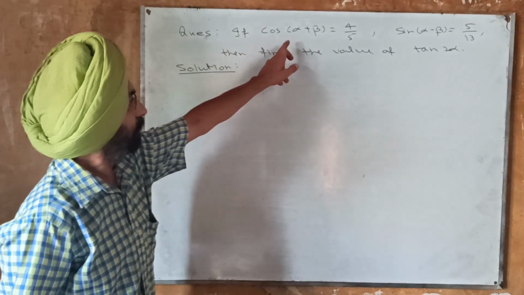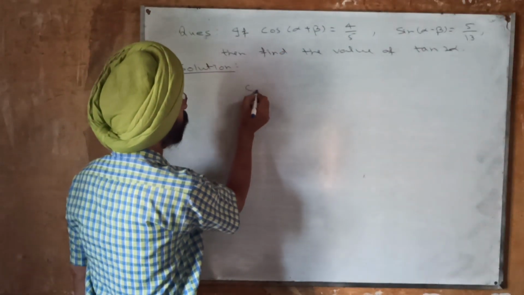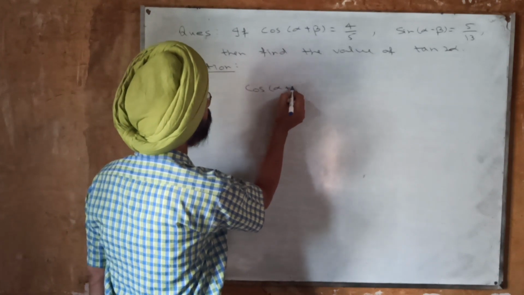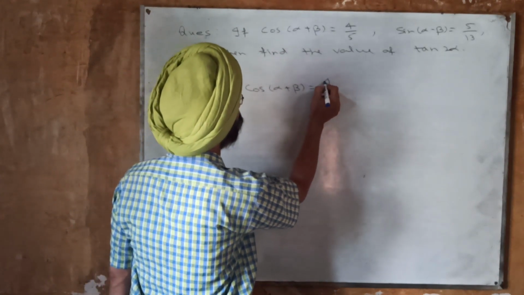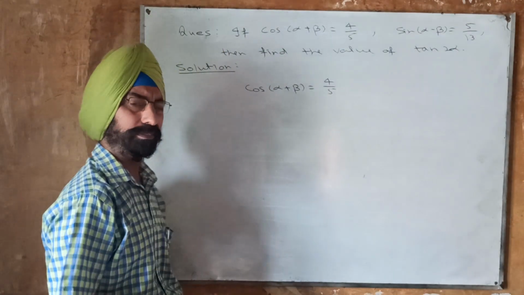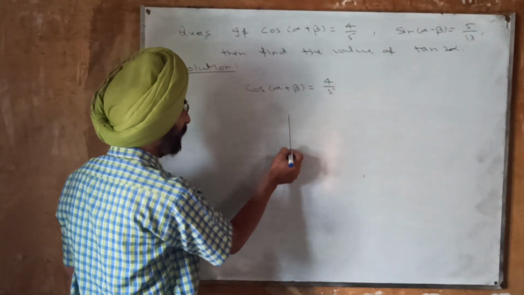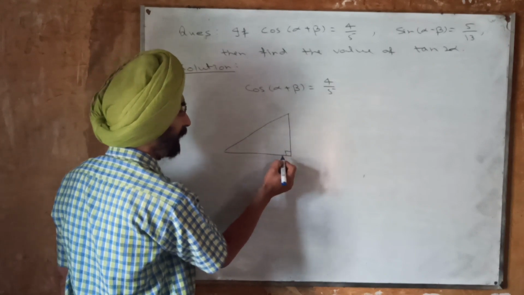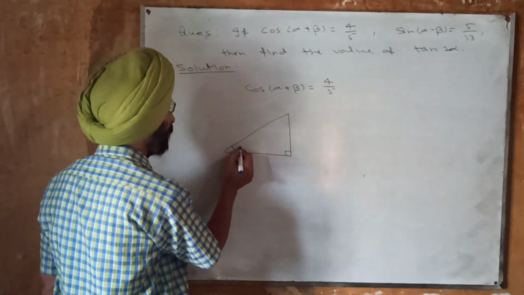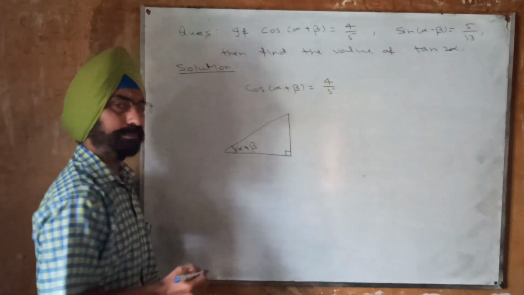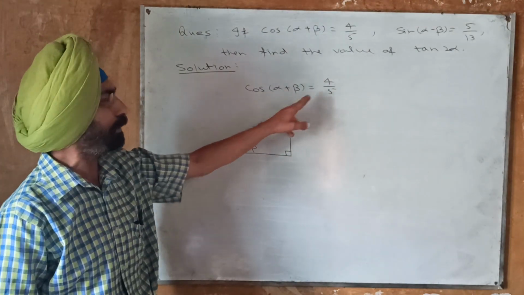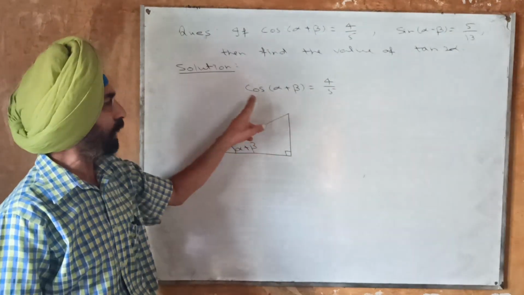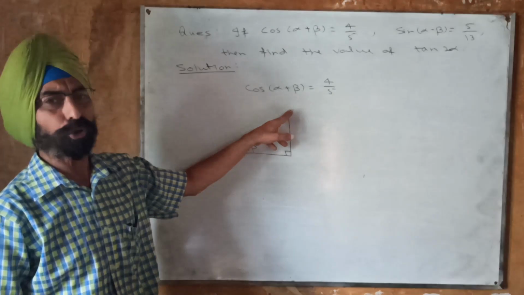Look at, first you are given that cos(alpha plus beta) is equal to 4 upon 5. So consider a right angle triangle. This is your right angle, and this angle I am taking as alpha plus beta, and cos(alpha plus beta) is 4 by 5. We know that cos is base upon hypotenuse.